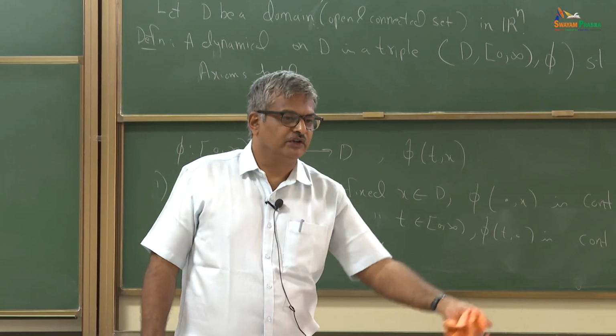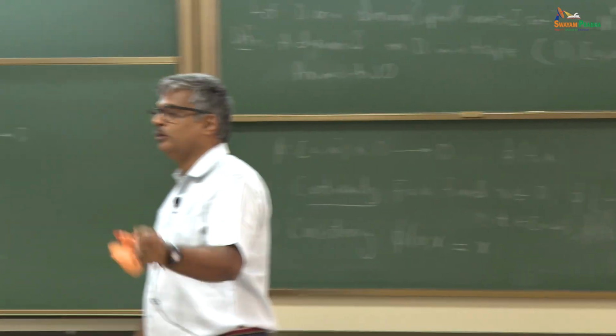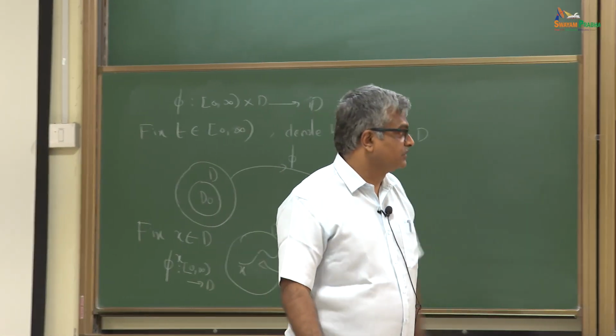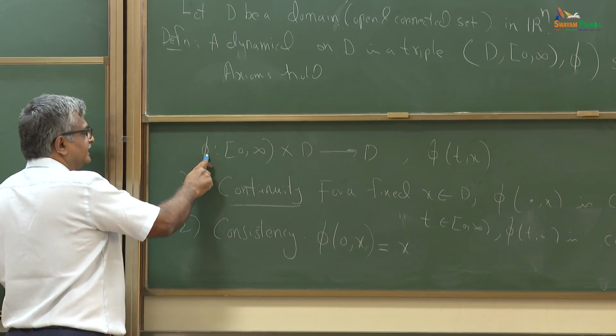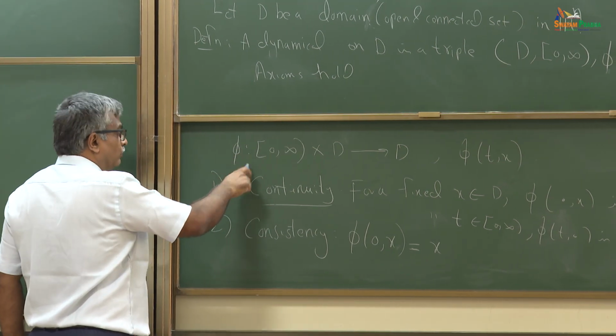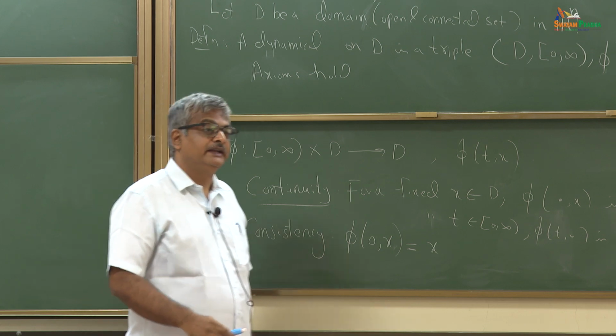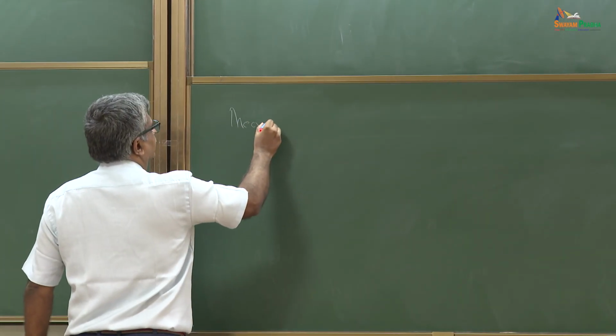H also has to be continuous, and H inverse also has to be continuous. Then it qualifies to be a homeomorphism. So I missed out that. We'll show that this map is a homeomorphism. Moreover, we'll also show that it has some nice group properties. The theorem.